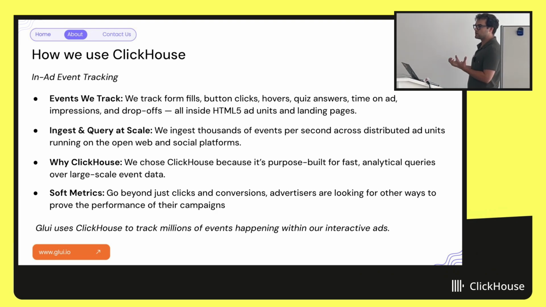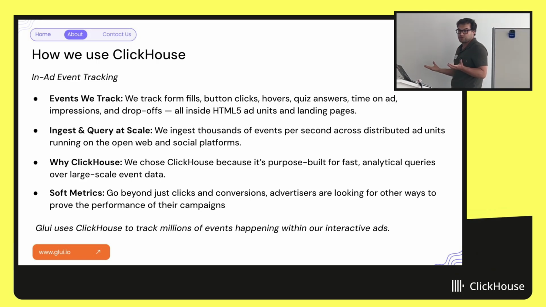We don't know exactly when they're going to suddenly put 1 million impressions onto one of our ad units. So we need something that can ingest thousands of events per second across our distributed ad units running on the open web and on social media. We chose ClickHouse because it's purpose-built for fast analytical queries over large-scale event data, which is what we need. Like I said, those soft metrics go beyond clicks and conversions.